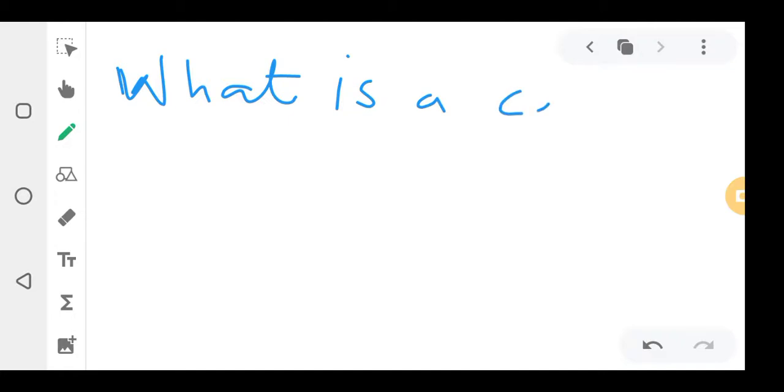So we first need to define what a cell is. I'll give you two definitions, okay?